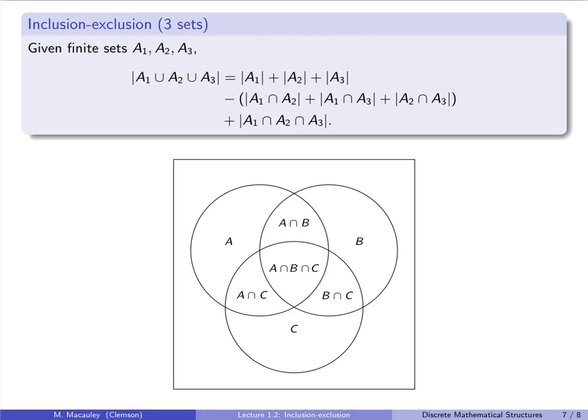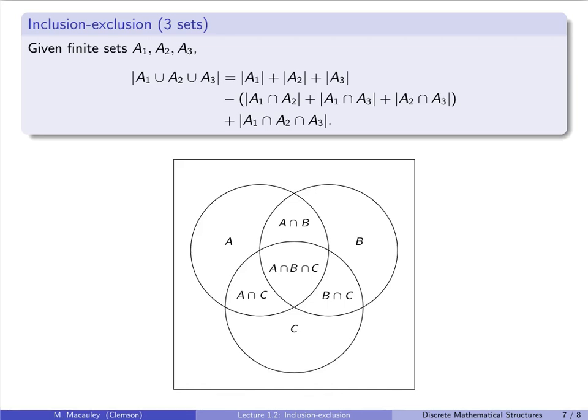So hopefully now you're seeing why this is called inclusion-exclusion, because you have to include things, exclude other things, and then include something else, and so forth. Not surprisingly, this extends exactly how you would think, to 4 sets, 5 sets, etc.